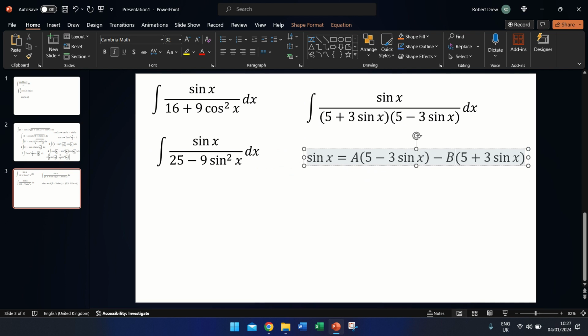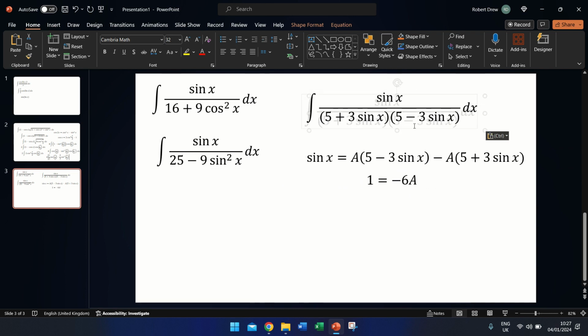Otherwise, that's not going to work. And then we end up with, oh, sorry, that should also be an a. And then we just need minus 3a minus another 3a to be 1 sine x over there. Okay, so that's kind of worked.